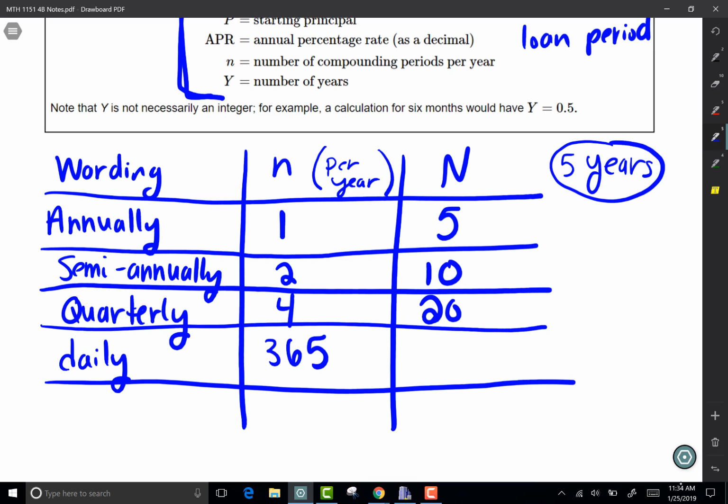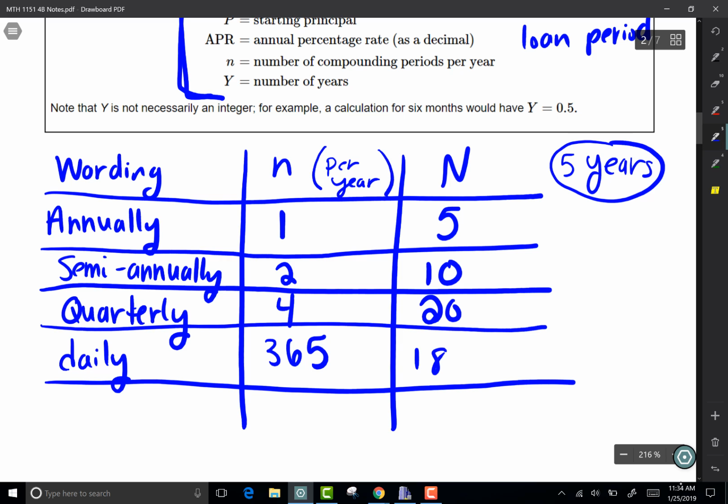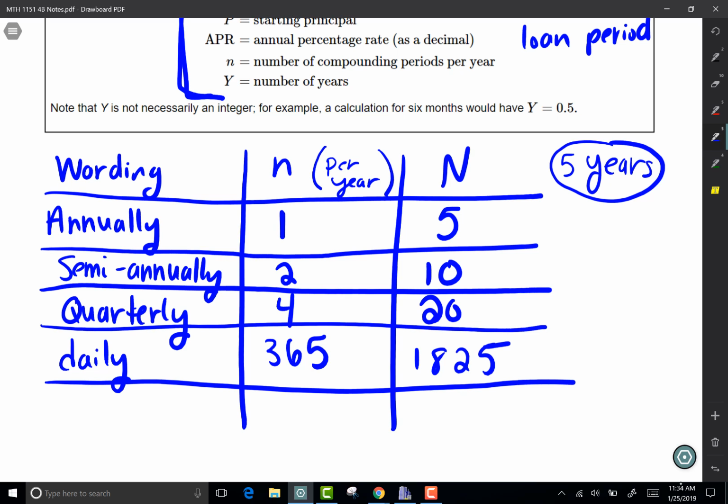Then big N would be 365 times 5, which would be 1,825 times. So hopefully looking through this chart, you can see the difference between little n and big N, because that's really going to come into play later, so you need to know the difference.